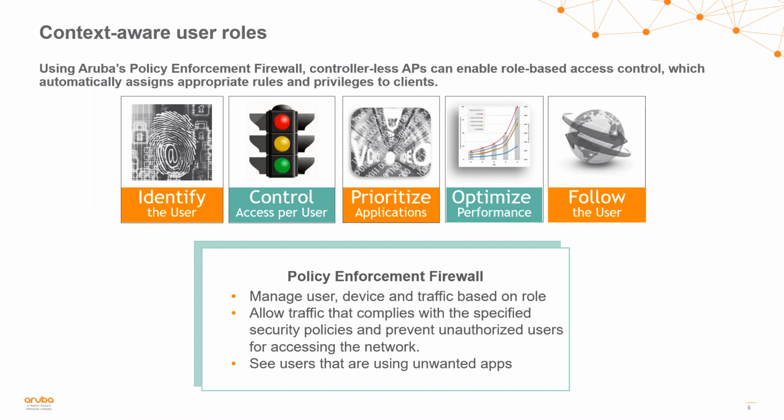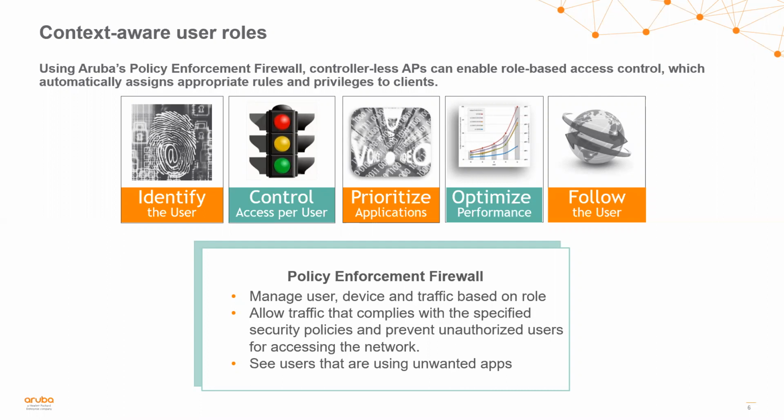One of the things we can do right when a person is connecting is identify or fingerprint the user by the operating system they're using. So we know what they're using, if it's good, if it's not good. From there, we can use PEF to control where users are going using the policy enforcement rules or firewall rules.